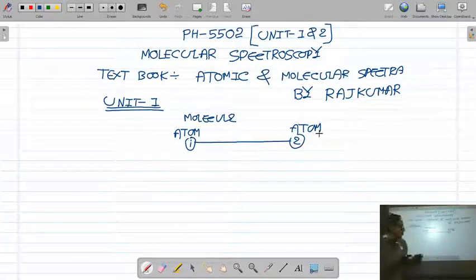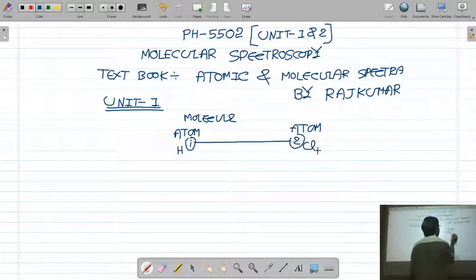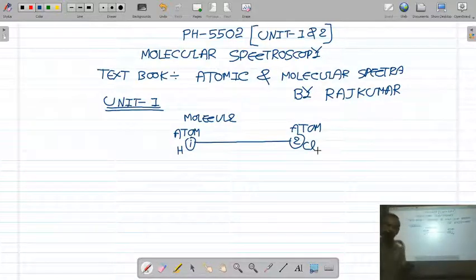For example, the HCl molecule is made up of two atoms, H atom and Cl atom. When chemically bonded, they will form a molecule.